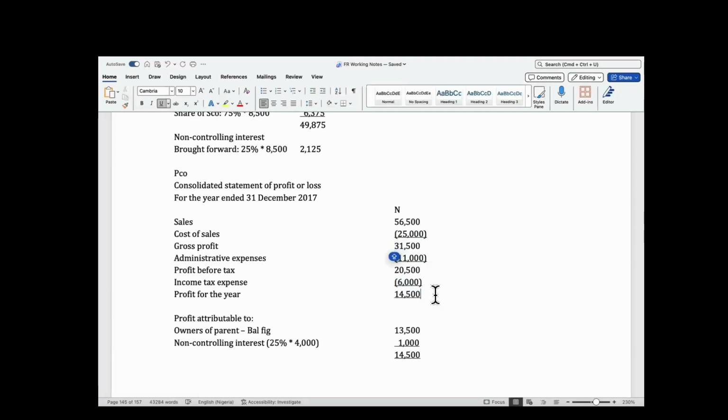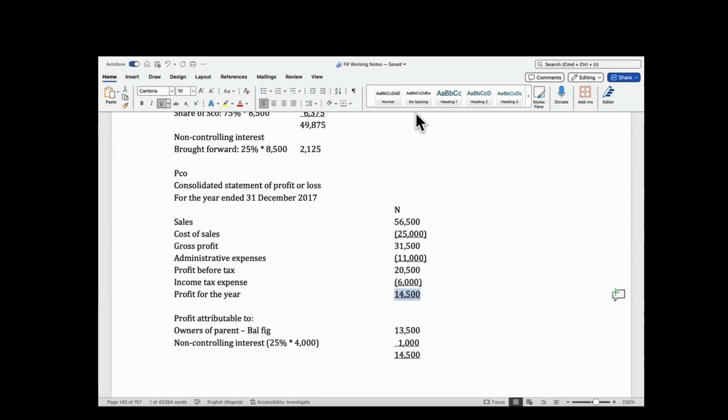Now, when you have done all that till profit for the year, then you need to share this profit, because this is the group profit. You have to share this profit between the owners of the parent, which are us, and the non-controlling interest.